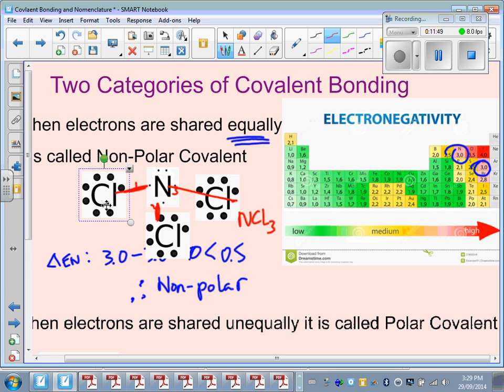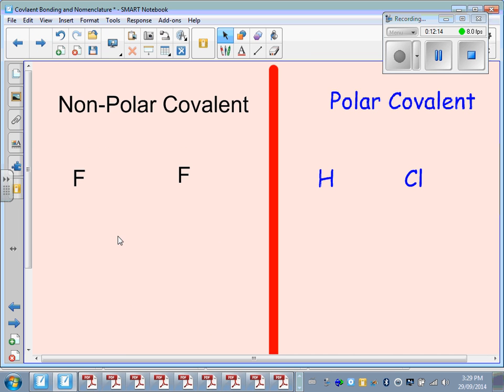It now has a full outer shell because it's sharing 1 from the nitrogen. Each chlorine is happy because it's sharing with the nitrogen. The nitrogen is also happy because it's got 1 from each chlorine that's shared. So the two of them are both happy. They've got a full outer shell, and remember, that's how we get happiness.